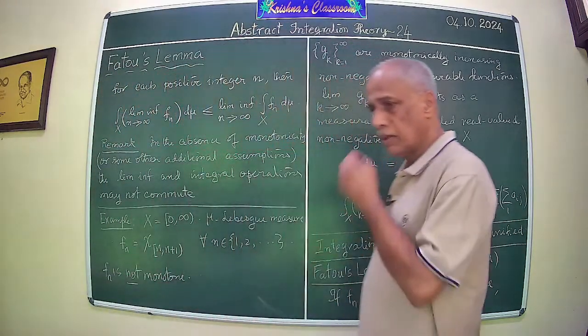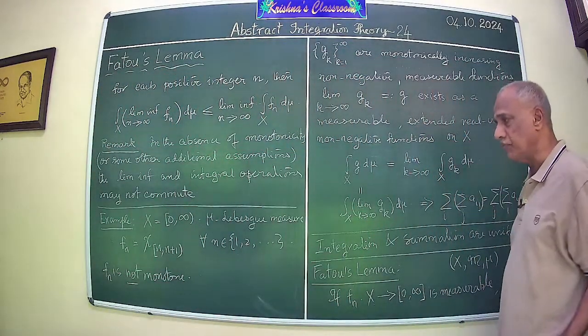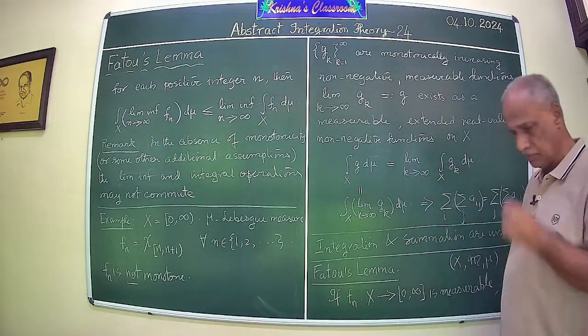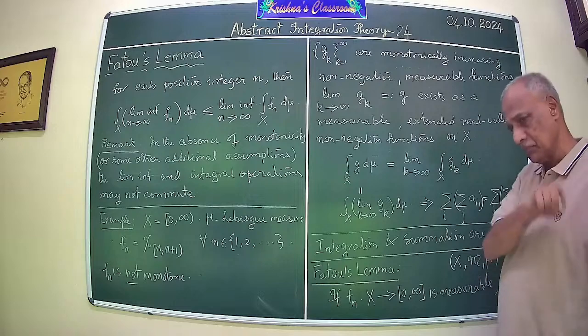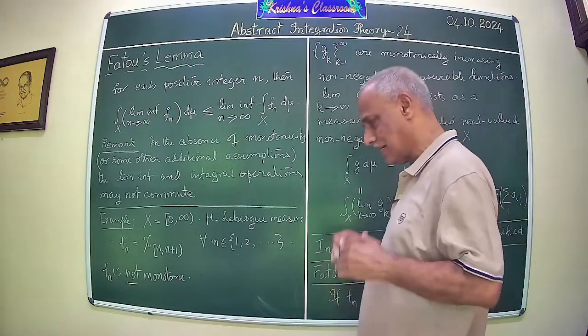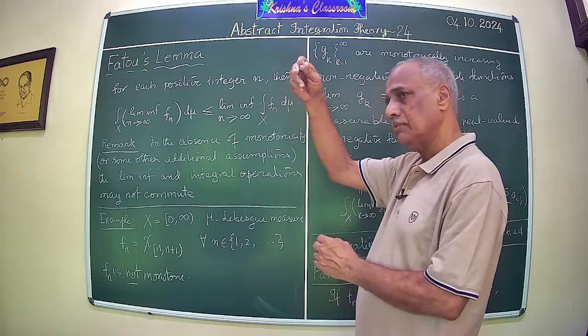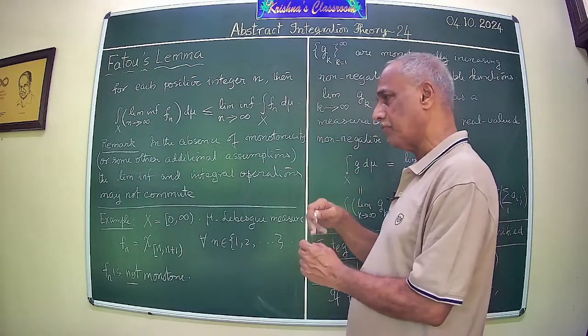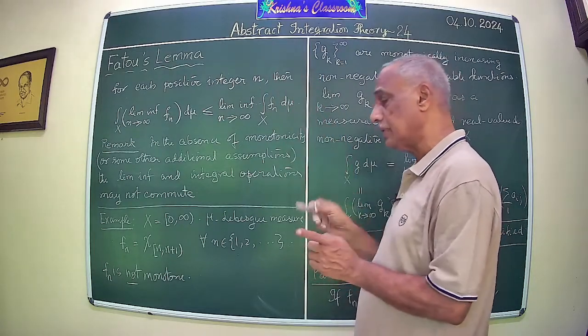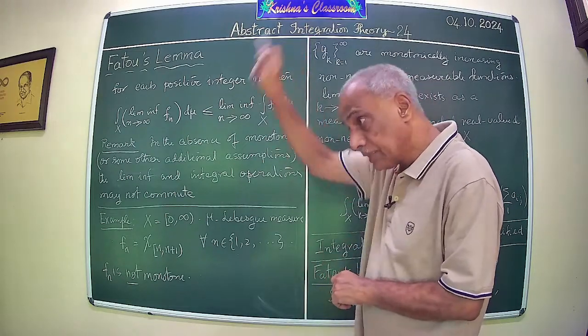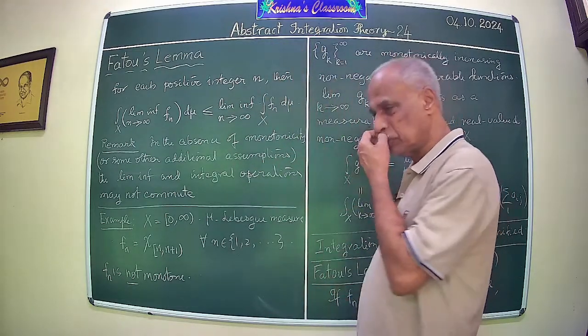Why? Because each Fn is 1 on the interval n to n plus 1, elsewhere 0. So if you take the sequence, you see that if you take an Fn, it is 1 specifically between n and n plus 1, and for all other n this function is 0.